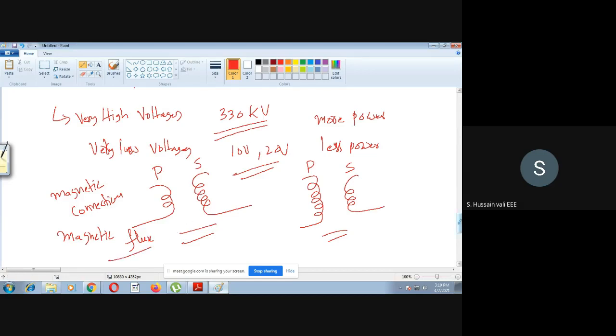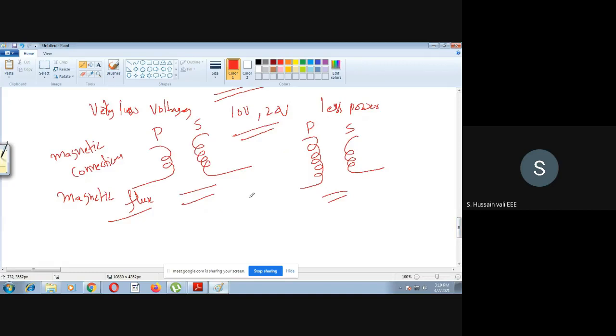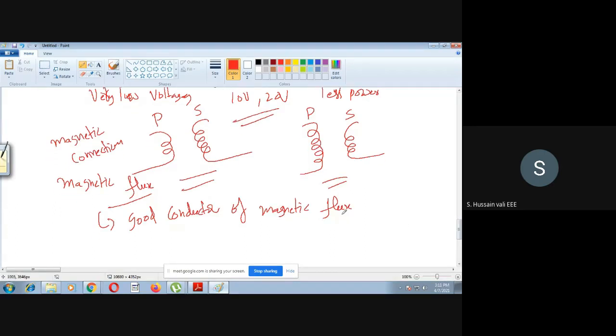So whenever you want to send magnetic flux between primary and secondary, generally you will choose a good conductor of magnetic flux. What are the materials which can be treated as good conductors of magnetic flux?